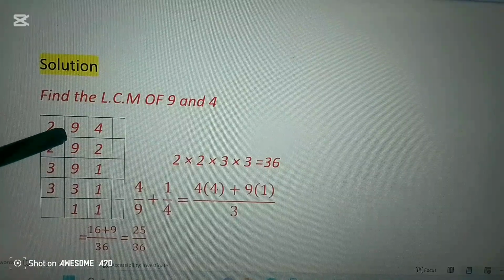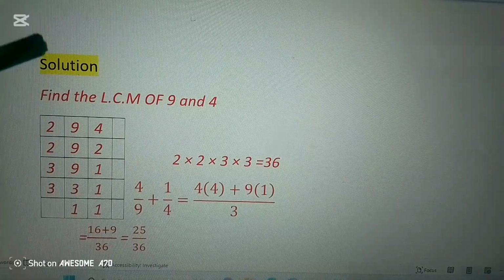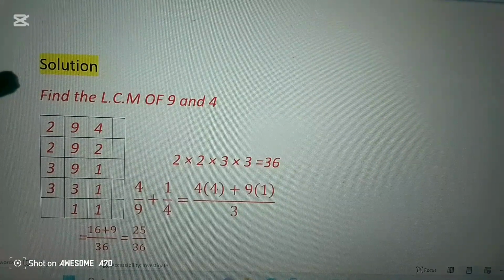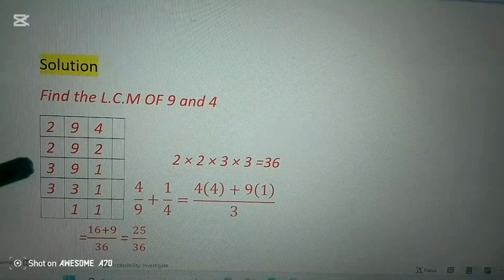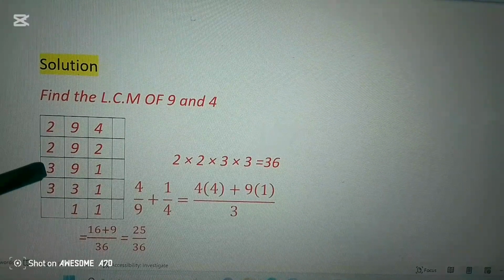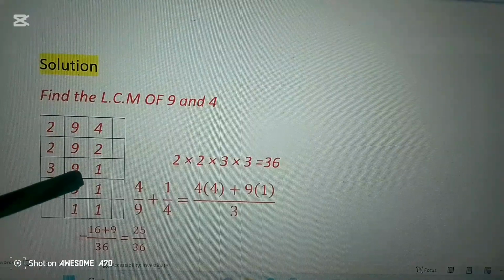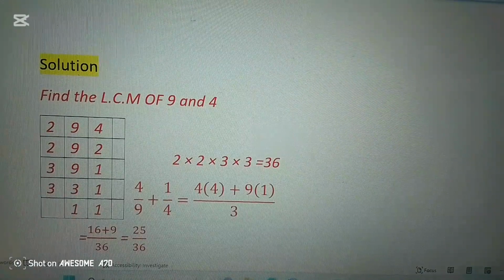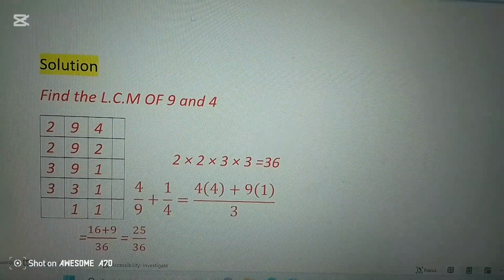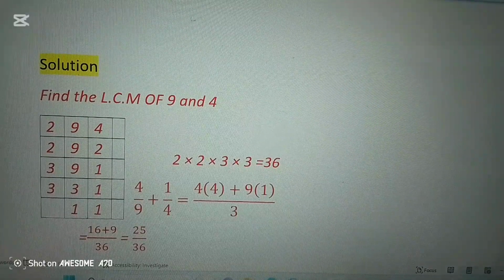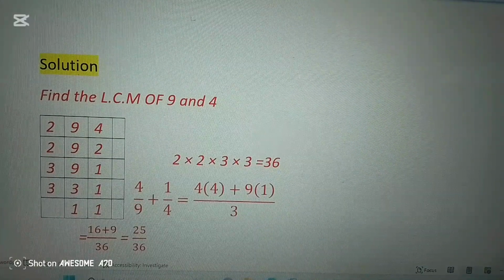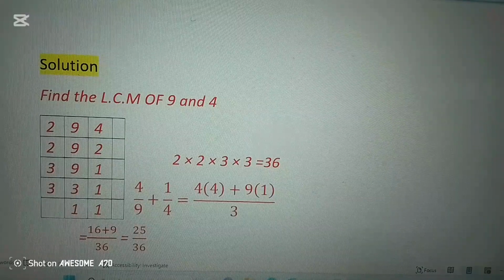We start with the least. We're going to look for a least common multiple that can divide 9 or 4. We start with 2.